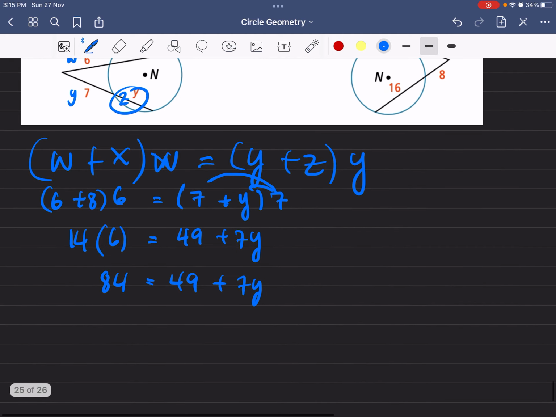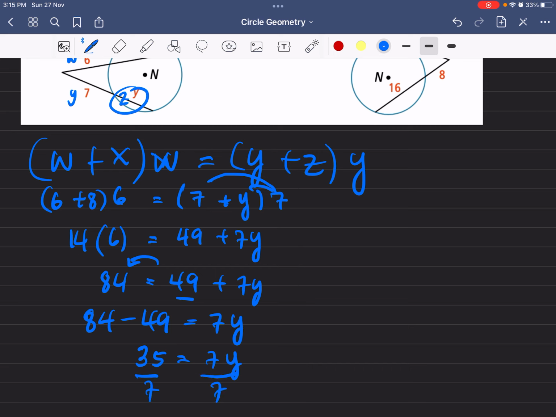Now we're going to transfer this one to the other side, so that's going to give you 84 minus 49 is equal to 7y. And 84 minus 49 is going to give you 35 is equal to 7y.